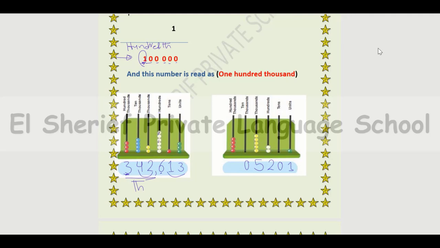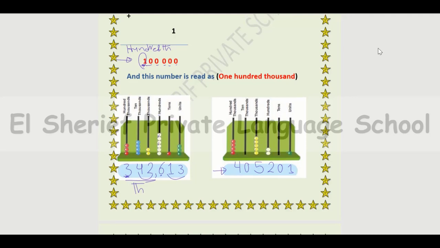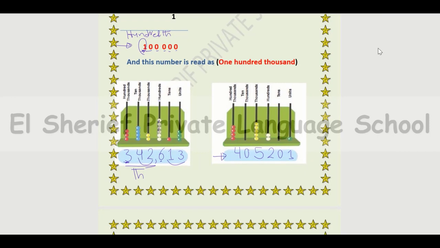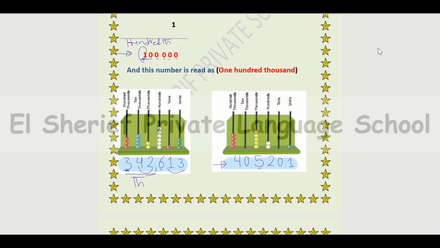In 100,000 place we have only 4 balls. Start reading this number from the left side, starting with the greatest place value. We have 4 in 100,000, so 405,000, 201.